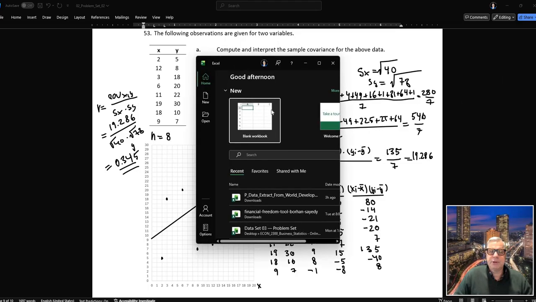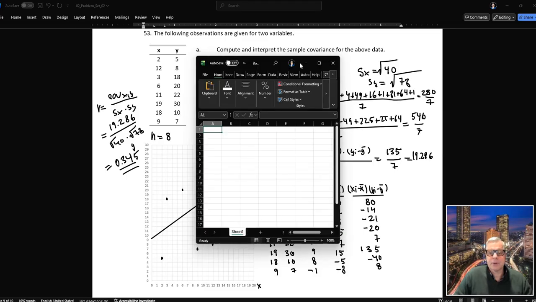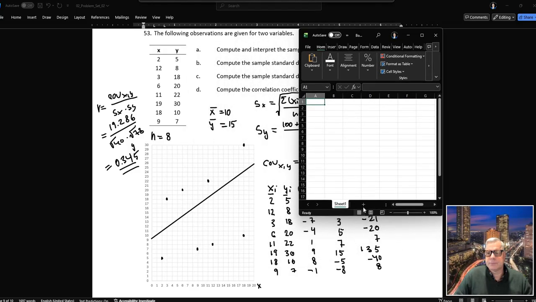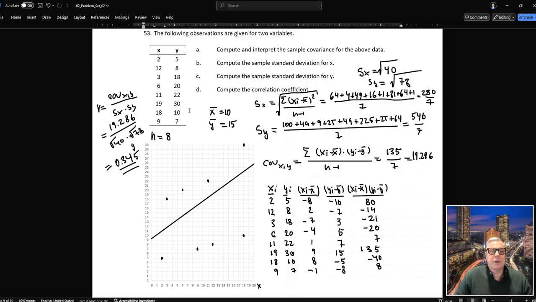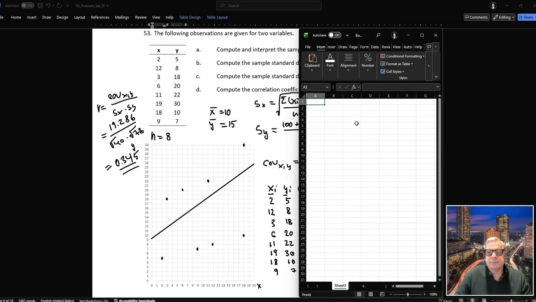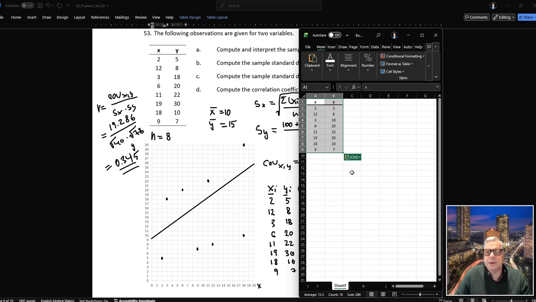So let's open an Excel file, and let's copy this data. Okay.